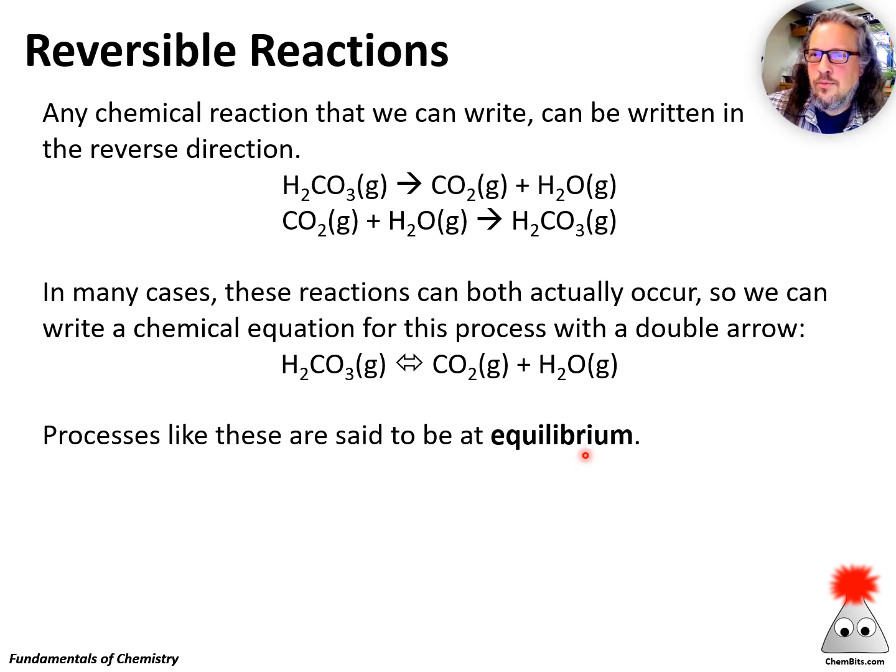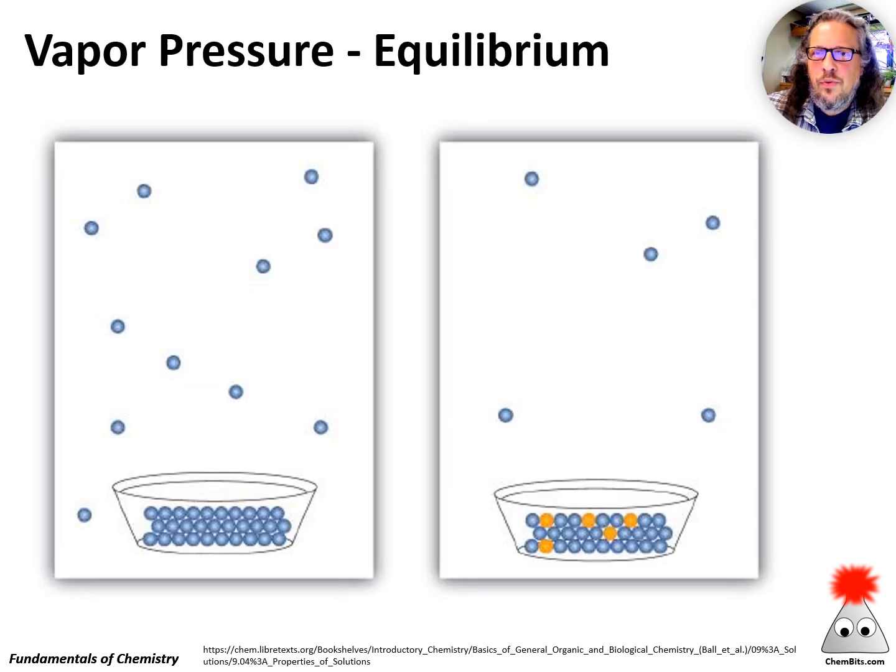Now, we've already talked about equilibrium. We didn't use the word equilibrium, or I might have, but think back to that vapor pressure colligative property that we talked about. In a sealed container, I've got some liquid, and if I leave it just sit, eventually we'll get to a point where we've got a vapor pressure up here. And what do we say?